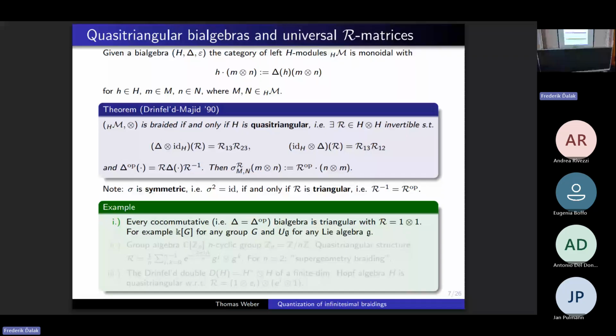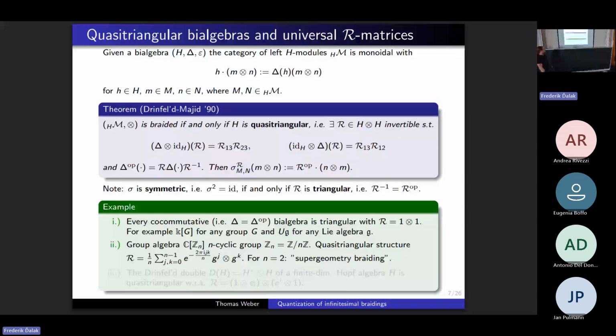So we can do slightly better for the group algebra of the cyclic group. And here we can find the following quasi-triangular structure that is written here in terms of the generating element g of this group algebra. So here simply g to the power n would be 1. And this is interesting because this is the braiding that actually governs graded geometry.